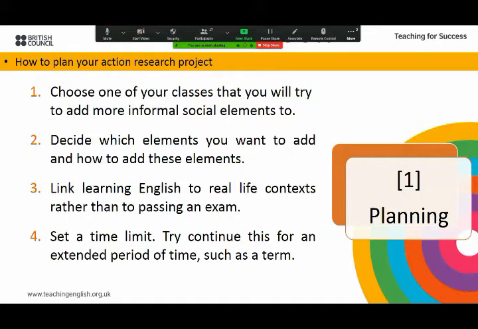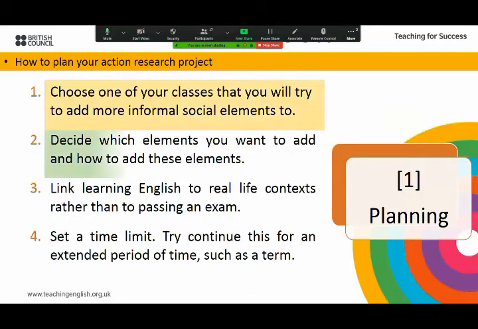Number three, link learning English to real-life contexts, to real-life topics, rather than to passing an exam. And number four, set a time limit. What I mean by set a time limit, try to continue this for an extended period of time, such as a term. So this is the first step, planning for your action research project.